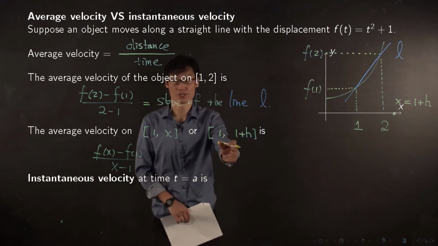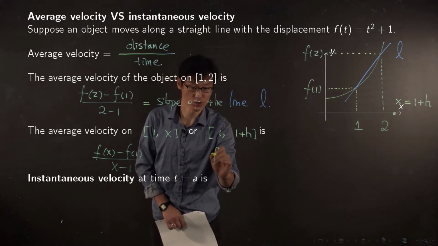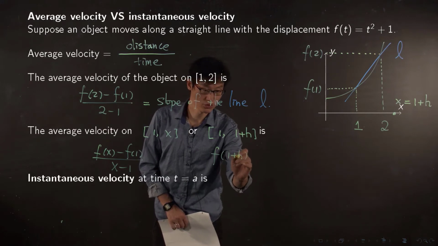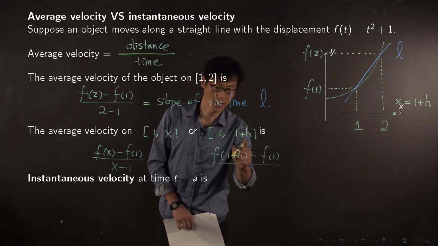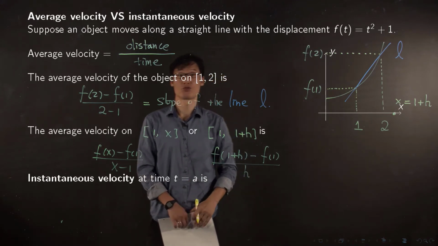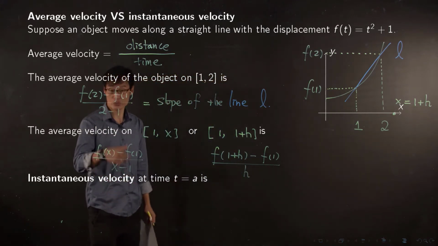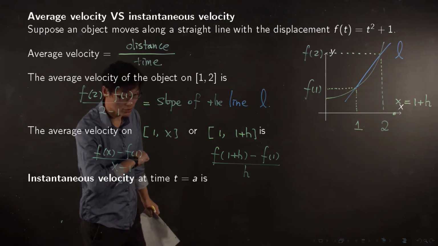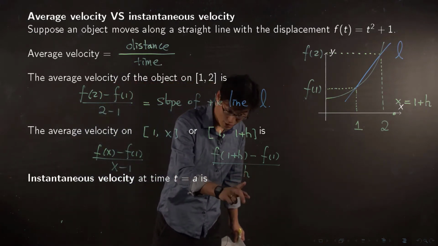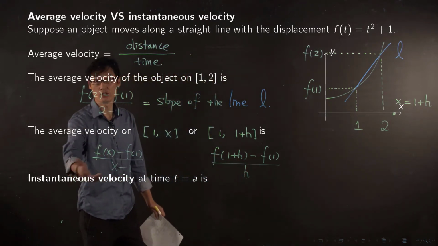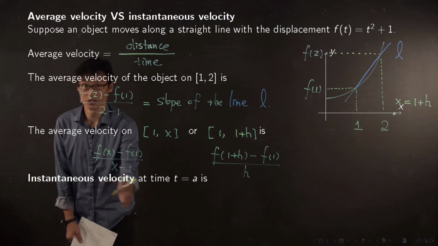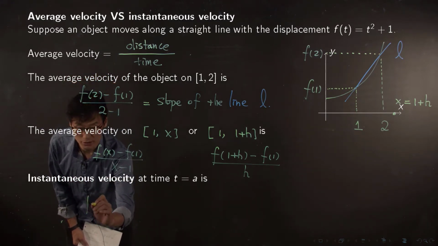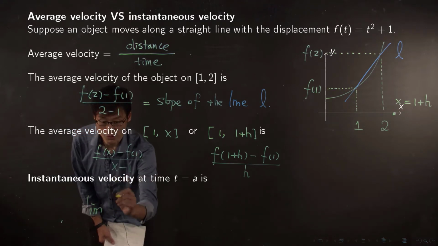So in that case, the distance is going to be f of 1 plus h minus f of 1 over time difference, which is simply h. And again, when you take limit as x approaches 1 or as h approaches 0, you will get instantaneous velocity. You simply take the limit. So instantaneous velocity is going to be the limit of the previous expression.